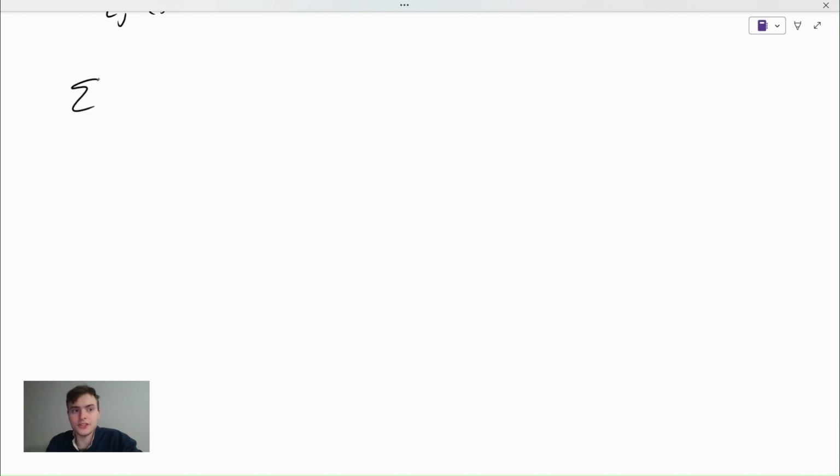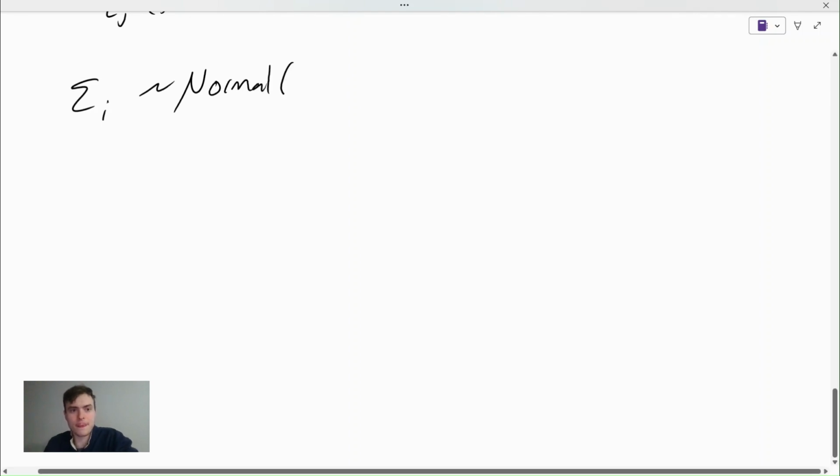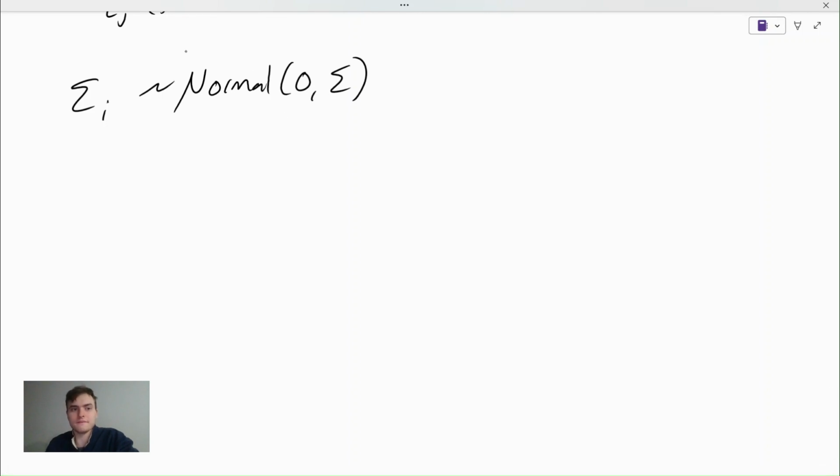And then another special case, e I is given by normal 0 sigma. That would mean, or if we just look at all the distributions of e's at once and gave them a capital sigma variance-covariance matrix, then there could be some non-independent e's.